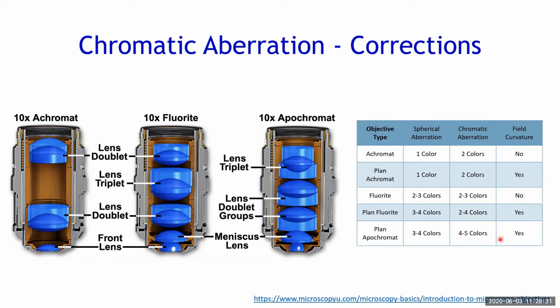In the facility, we try to buy as many as we can, even though they're the most expensive, fitting out the microscopes with plan apochromats where it makes sense. But just remember, when you're looking at different microscopes and objective lenses, check exactly what lens you'll be using, if you're going to be doing a lot of multicolor work or you need a lot of flatness of field.